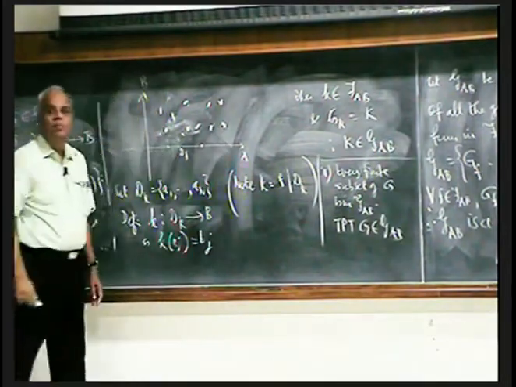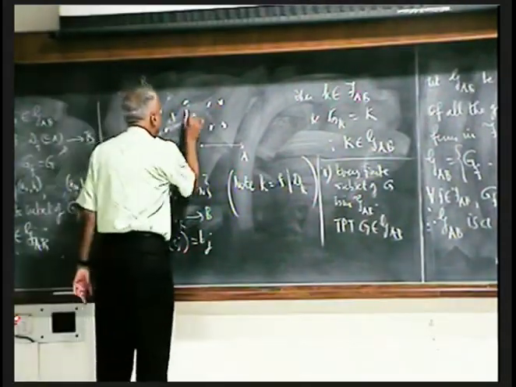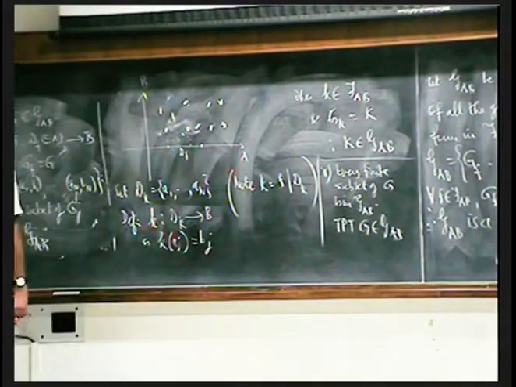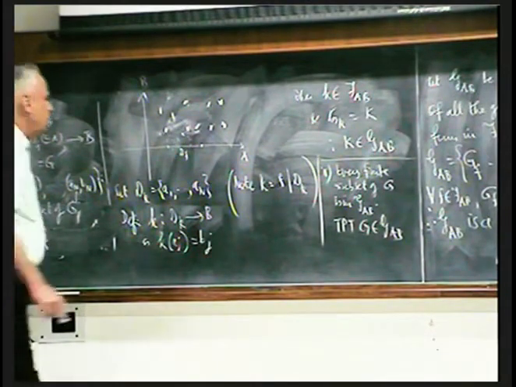Will this be a graph? This will not be a graph because at some point it will take two values. So the only way that G will fail to be a graph is that there is a pair (a, b), (a, b1), both belonging to G, such that b is not equal to b1.